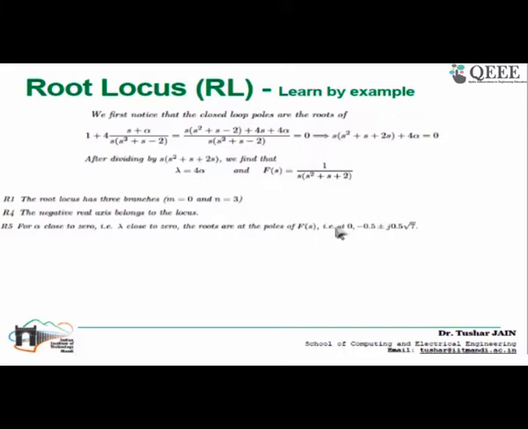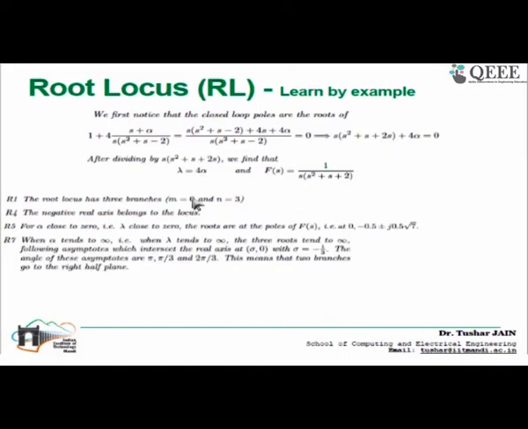Okay, the roots are at the poles of f of s. So here you quickly see that I have a pole at the origin, and I have 2 other poles which are complex conjugates. So one is this, and if I add them, I would have 3, an odd number of poles. Okay, that is why it says the negative real axis belongs to the locus. Rule 6 does not apply here also.